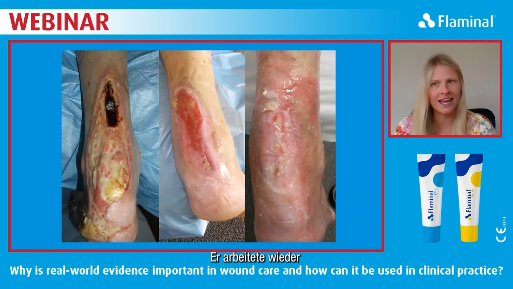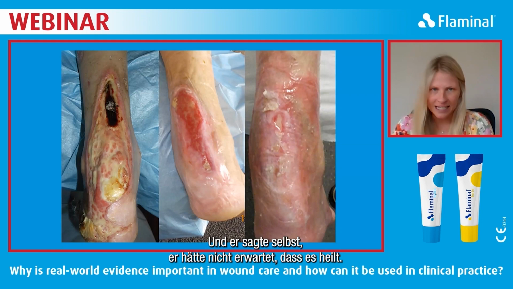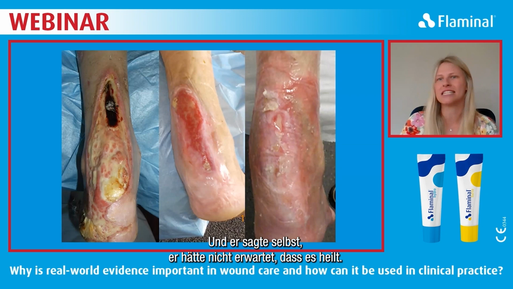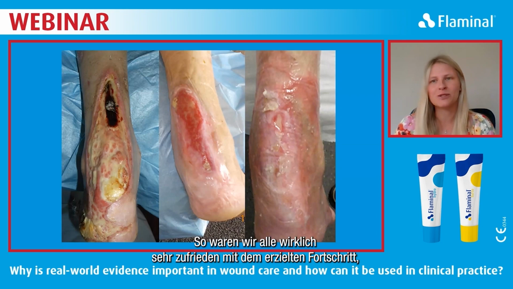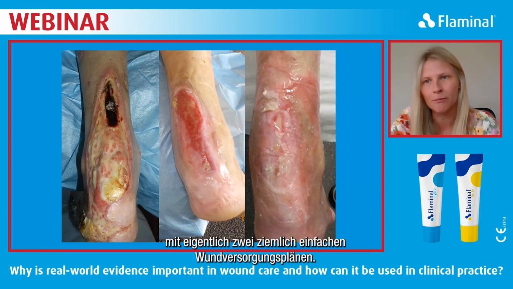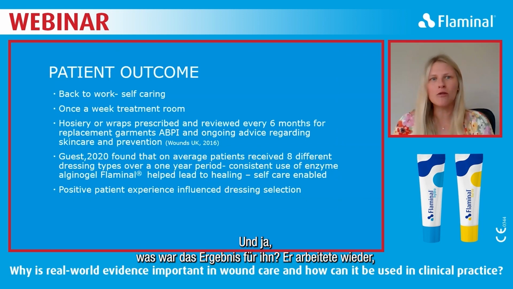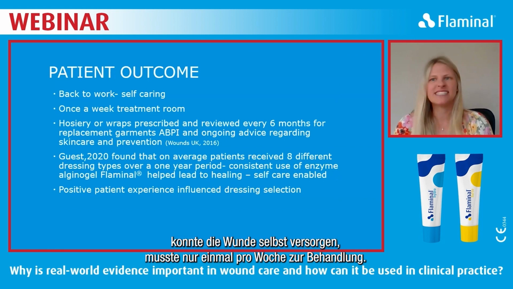He was back to working, with minimal dressings and minimum impact to his life. And he said himself, he really didn't expect it to heal. So we were all really, really pleased with the progress that we made with what were 2 pretty simple wound plans, really. So what was the outcome for him? Back to work, self-caring, in the treatment room once a week.